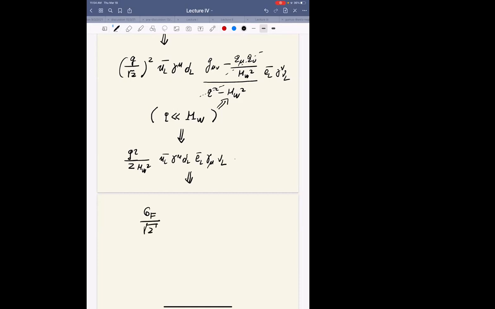Fermi wrote this interaction. Of course, he called them proton and neutron. Is equal to, sorry, there is a factor of 4 in the definition. When you use the chirality, you get the connection between the Fermi theory and the propagation of the W boson.